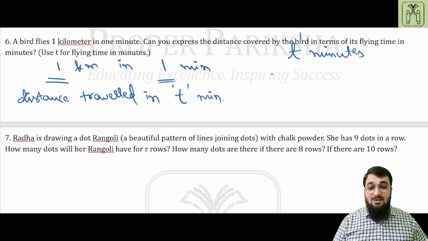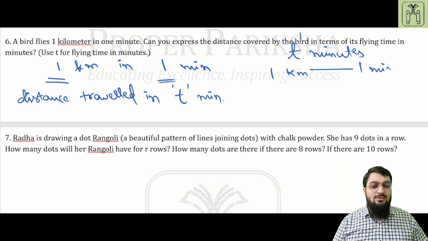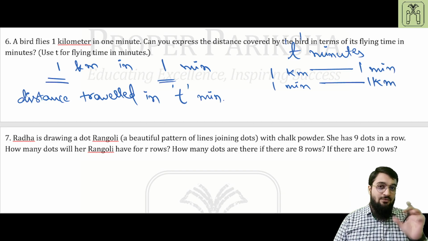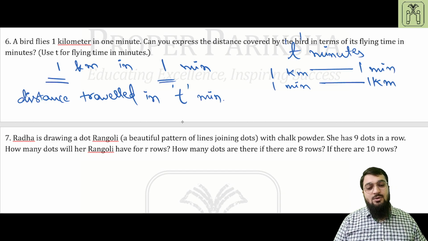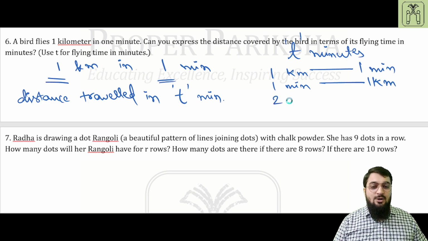We will just find the pattern that 1 kilometer is in 1 minute. We will write like this, and then we will just reverse that, and we will write 1 minute as 1 kilometer. We will not take any numerator denominator. We will just flip the statement. 1 minute is equal to 1 kilometer. So if I write 2 minutes, then that will be 2 kilometers.